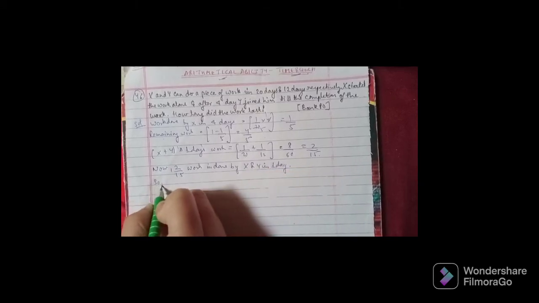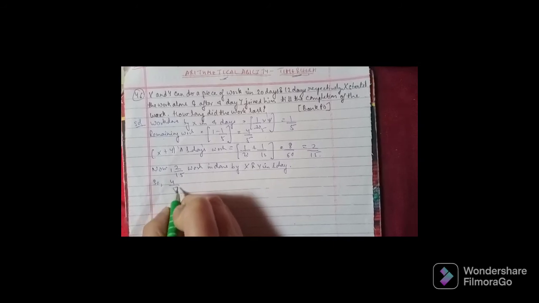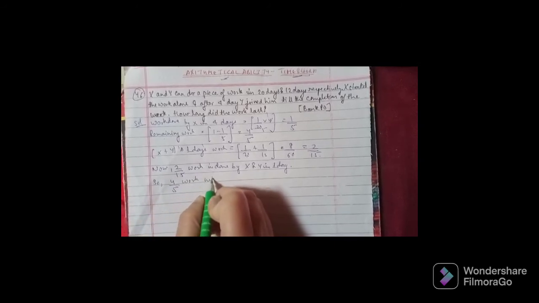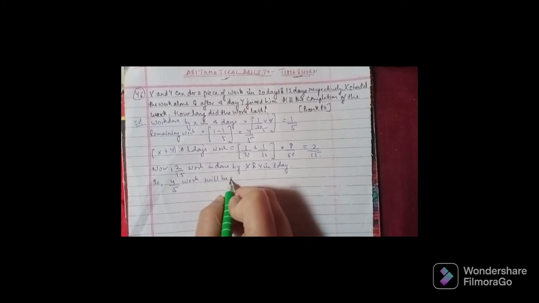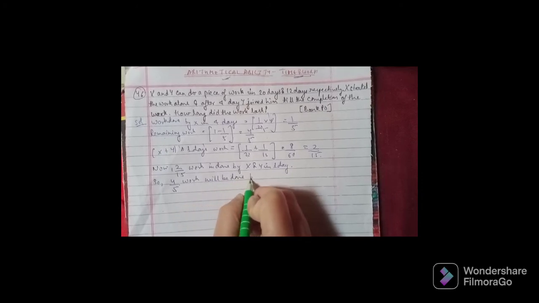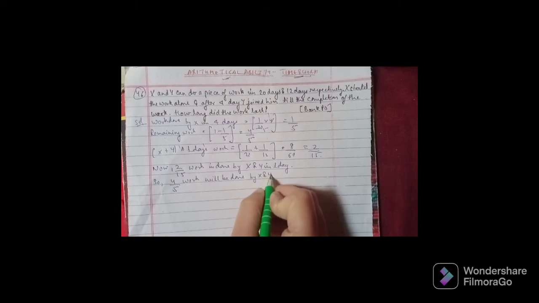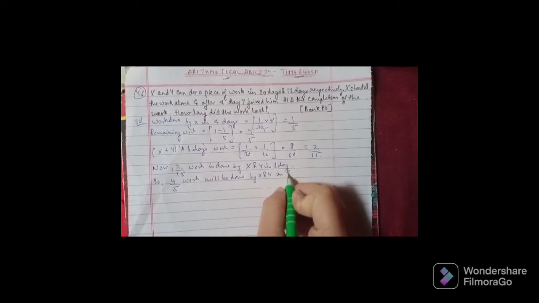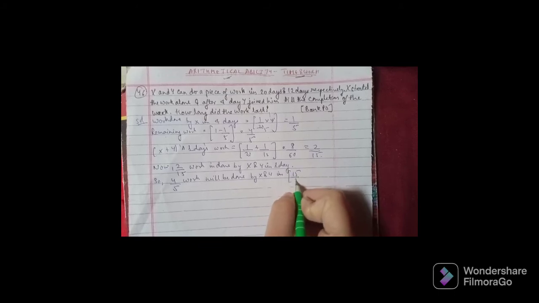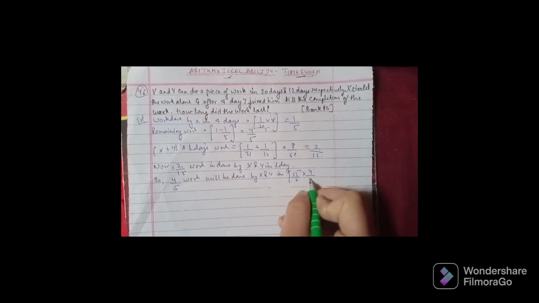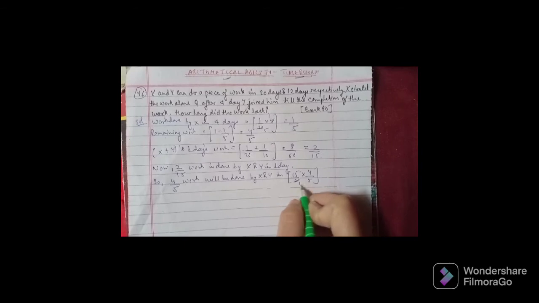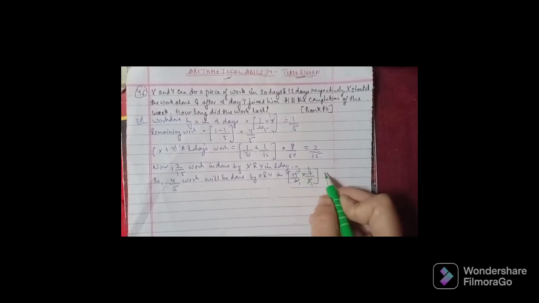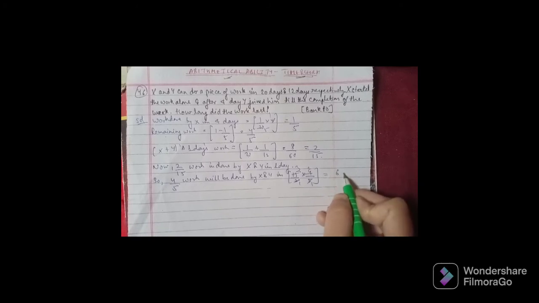So 4 by 5 work will be done by X and Y in 15 upon 2 into 4 upon 5. That is 6 days.